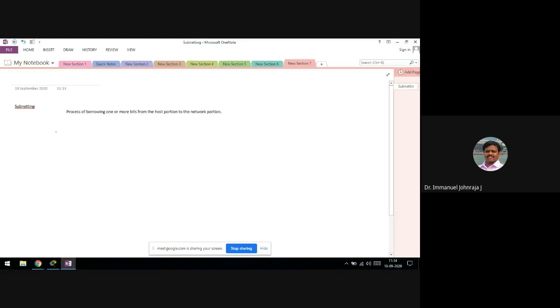So let me illustrate this with a simple notation. For that, I'm going to write the IP address in an unconventional way, like this. We know 192.168. The third octet is 1, but I'm going to represent it in binary, followed by the last octet in binary, slash 24.